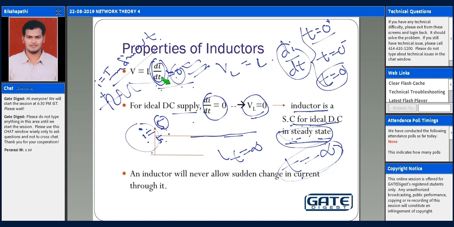We can write VL equal to L into di by dt as j omega into I. If you expand omega, it is L into j into 2 pi f into I. For DC the frequency is 0, so if you substitute that 0, you get 0. So for DC values the voltage VL across the inductor is 0, which means the inductor will be a short for DC supply.